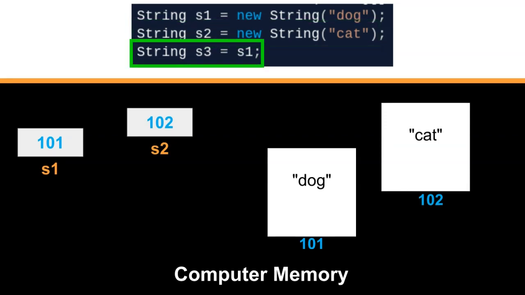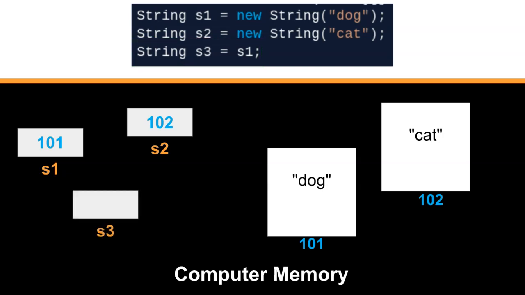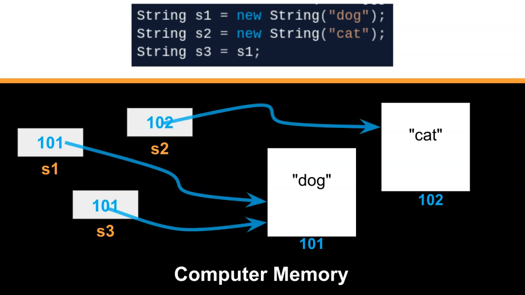Now this line of code executes. Notice there's no new keyword or double quotes on the right side, so we are not creating an object here. Instead, the assignment operator is simply taking the value on the right, the address to an existing string object, and storing it into the variable on the left, s3. To clearly show which object each variable references, I'll replace these made-up addresses with arrows, like this.